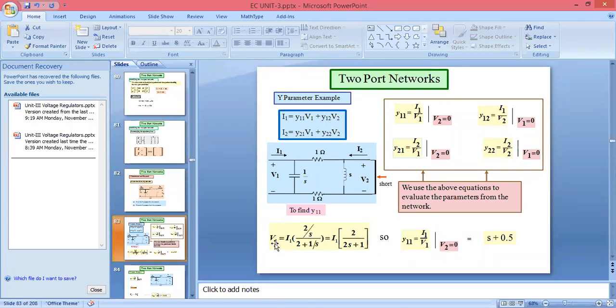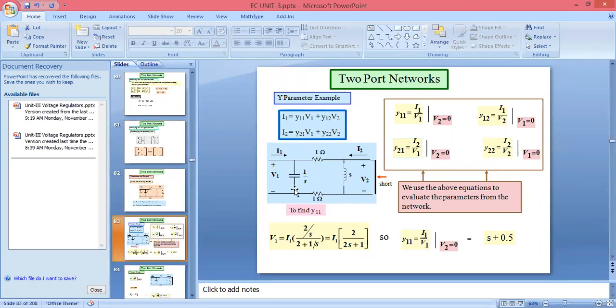What we are doing, we are supposed to calculate y11. For that we need I1 and V1, but we are not having that value. So how can we do it? We can convert V1 in the form of I1 according to Ohm's law, I1 into R. How will you write I1 as it is? What can you write for R? You can see here, this 1 by s and this s are in parallel with that 1 ohm.